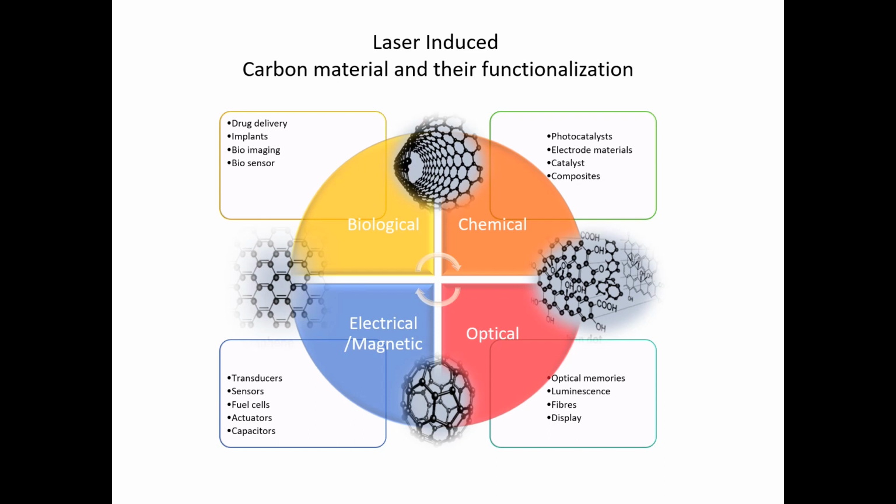In day-to-day life, many methods have been carried out from top down to bottom up. Laser induced carbon material is one unique advantage. So I am also going to talk about how we made carbon nanomaterial from our experiment.